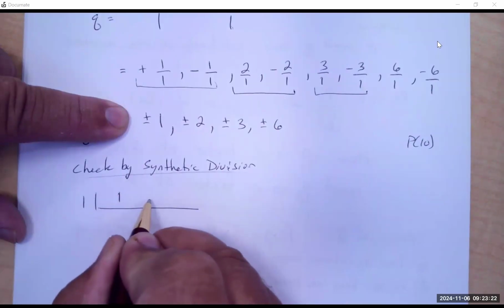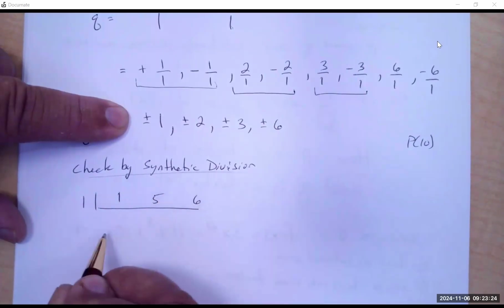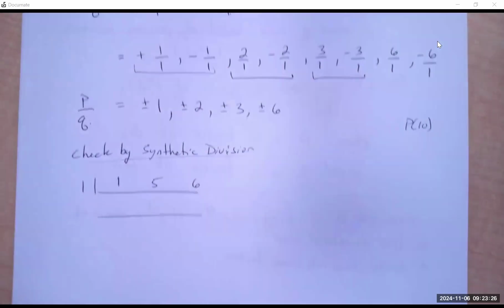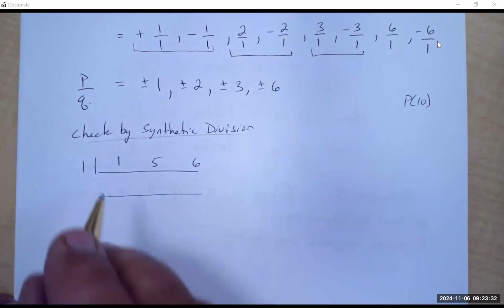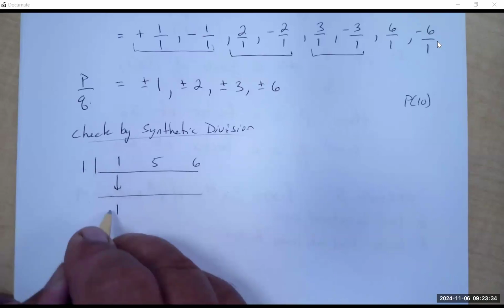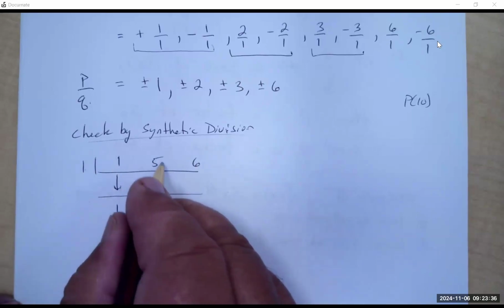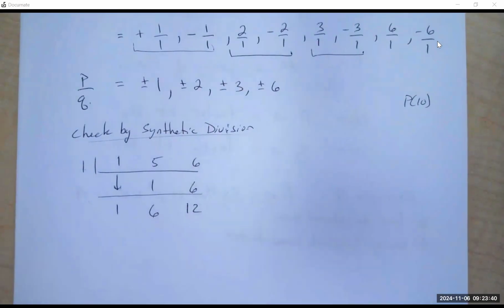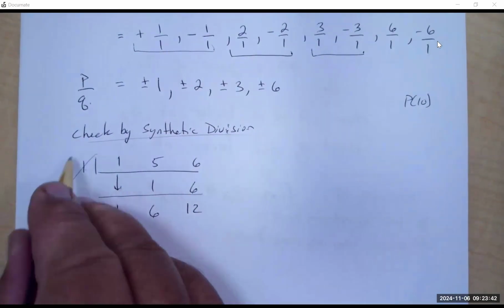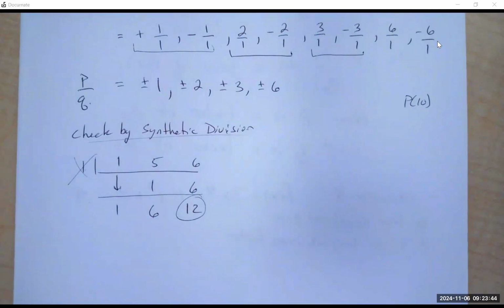We have 1, 5, and 6. Bring down the first term. 1 times 1 is 1. 5 plus 1 is 6. So that one doesn't work because it's not 0.